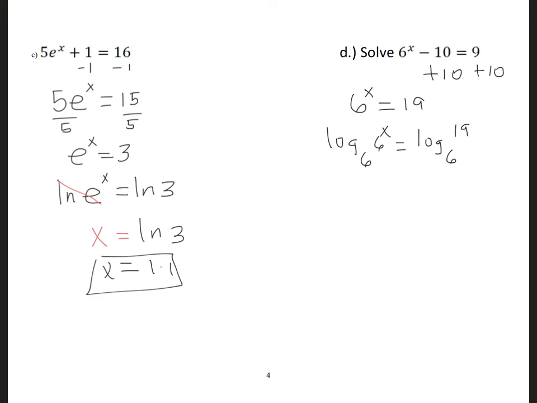Okay, so now see, this is all gone. So I have x is equal to logarithm to base 6 of 19. And remember, you could use a change of base formula or just put this in the calculator. If you don't have a calculator with base 6, you could do logarithm to base 10 of 19, which is just what your calculator has, over logarithm to base 10 of 6. And when you do that, you get approximately 1.64.